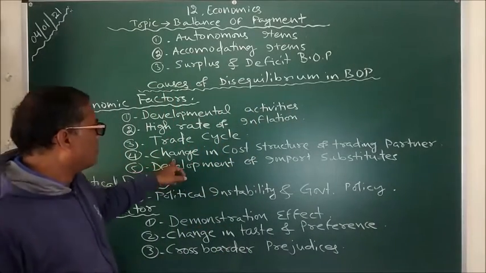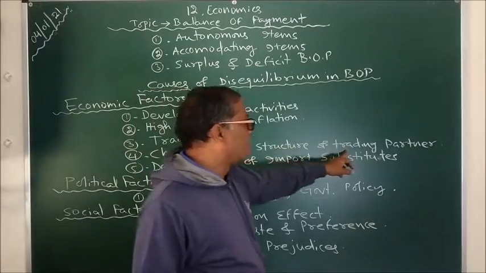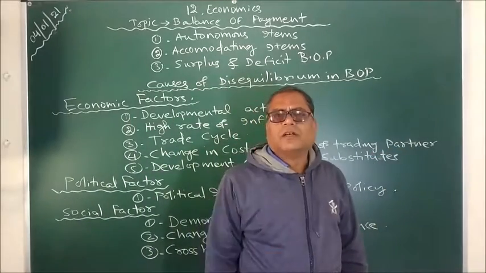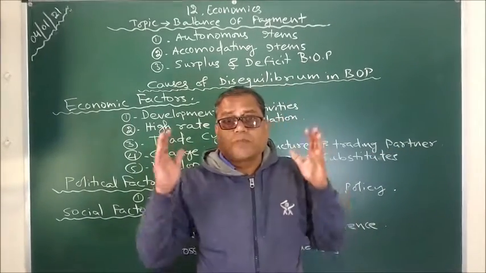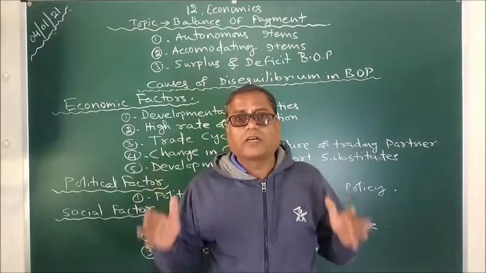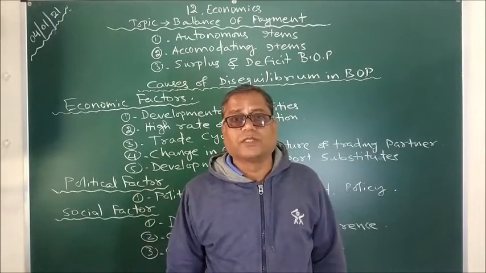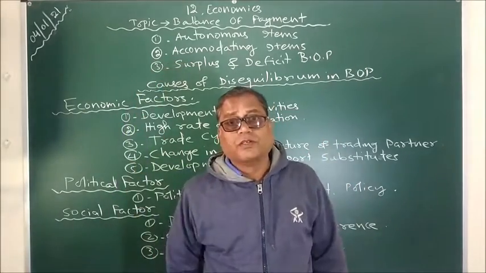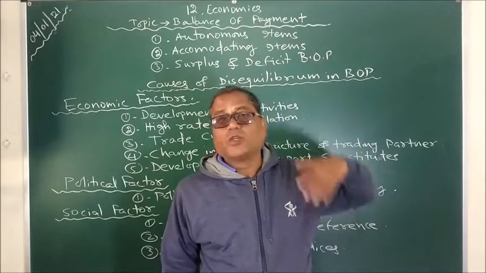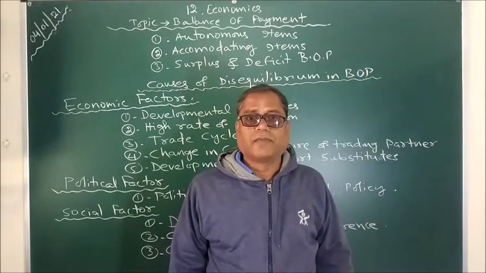Then the fourth is change in cost structure of trading partner. What happens? Sometimes the domestic cost of production of different goods and services drastically falls, the reason being technological advancement.